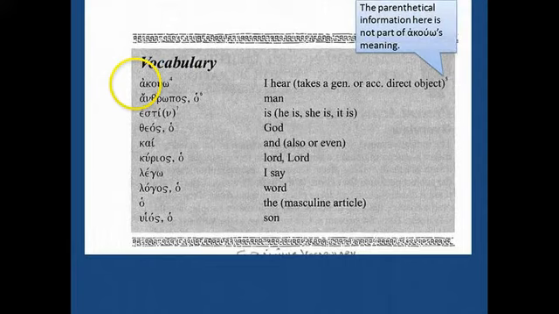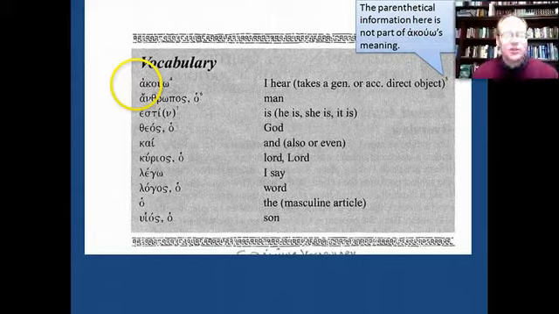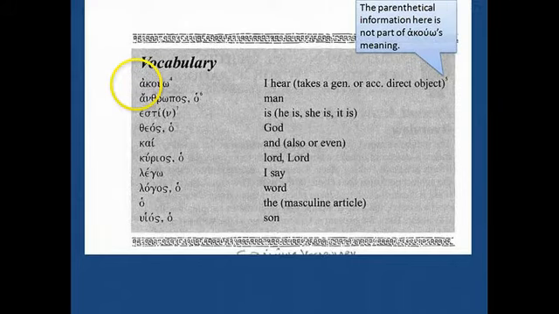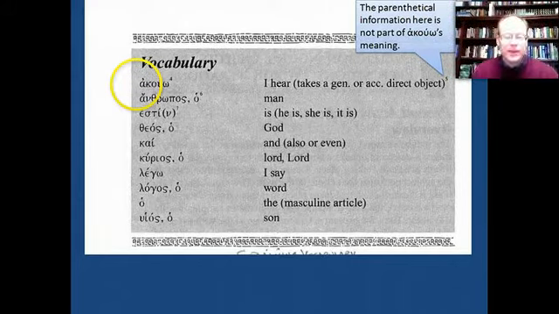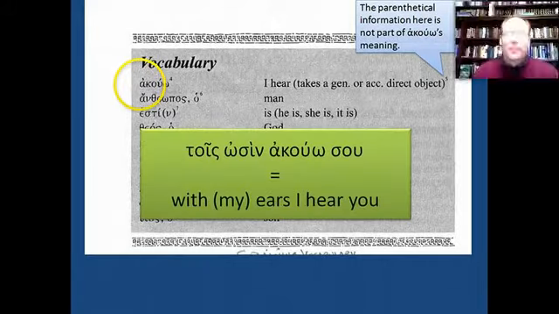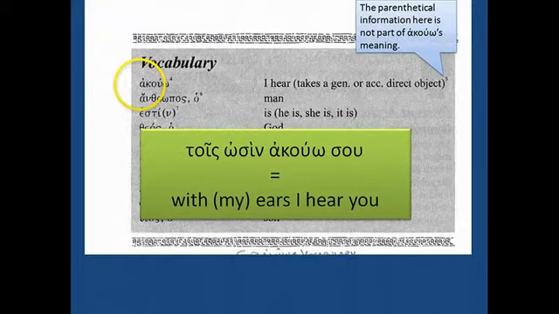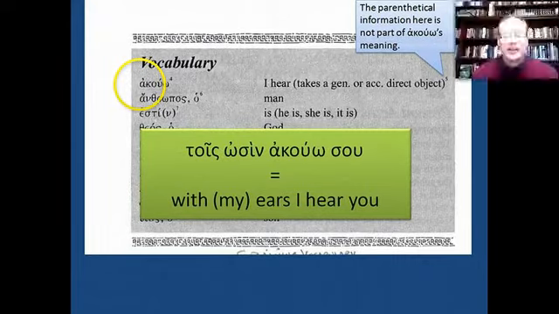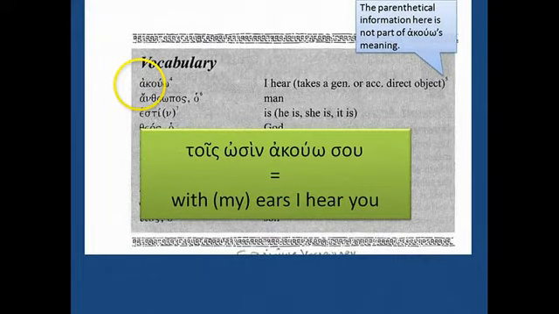Now, over here you see that there's parenthetical information after I hear, which says it takes a genitive or accusative direct object. This is not part of the verb akuo's meaning. It's just giving you information about the verb akuo. Perhaps you remember from one of the verses of Podes Hires Kephale that we learned last semester, that the second verse starts, tous osin akouosu, tukto tes hersinu.